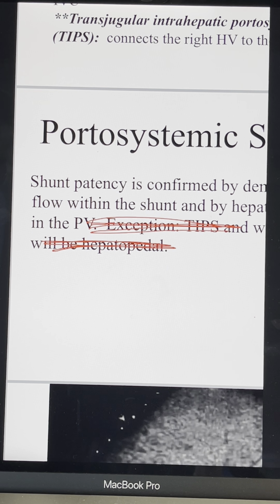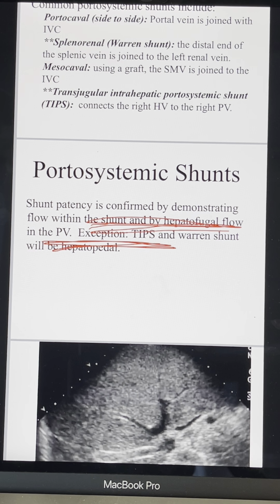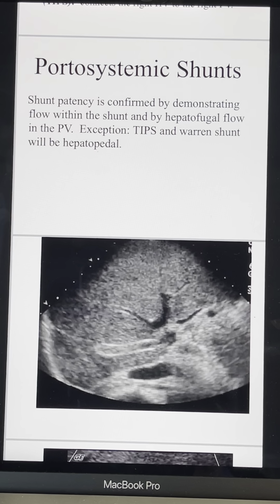And once it is inside the shunt, it becomes hepatofugal. So as long as you know mainly about TIPS, you are all set.